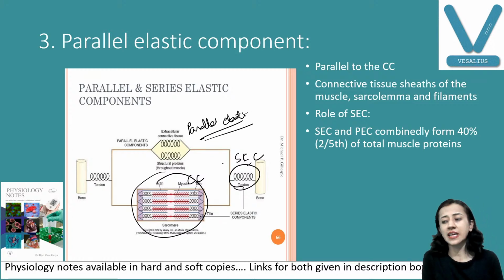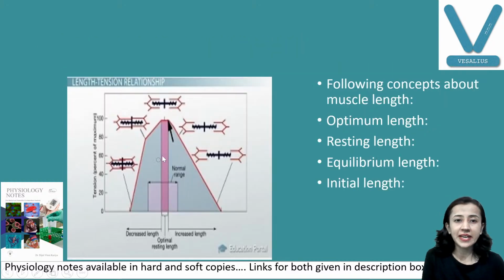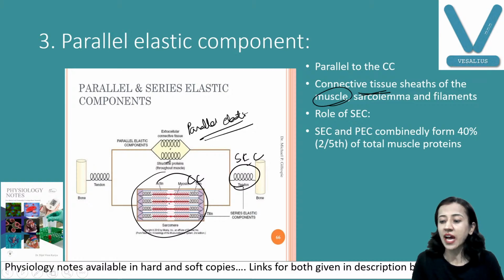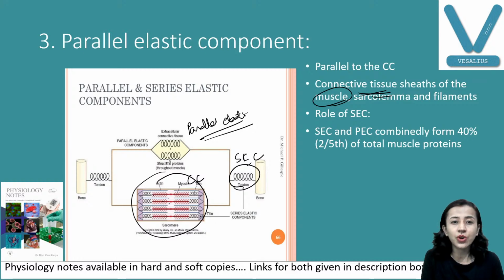These parallel elastic components are made up of tissues which are parallel to the actin and myosin. They are your connective tissues that form a sheath around the muscle, that is also the sarcolemma and filaments. They all are parallel to your actin and myosin filaments. So these are your parallel elastic components.